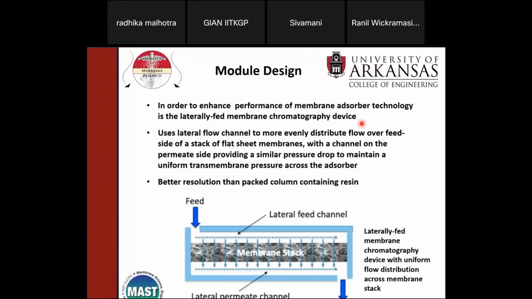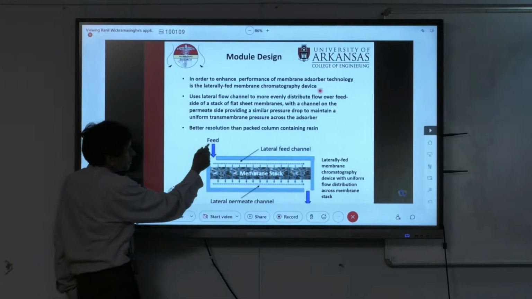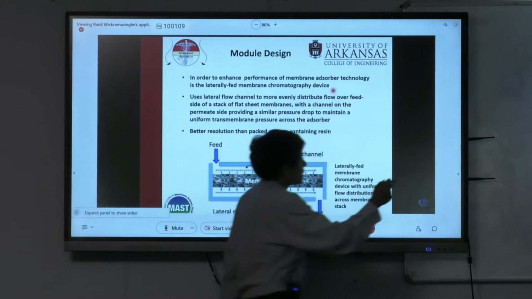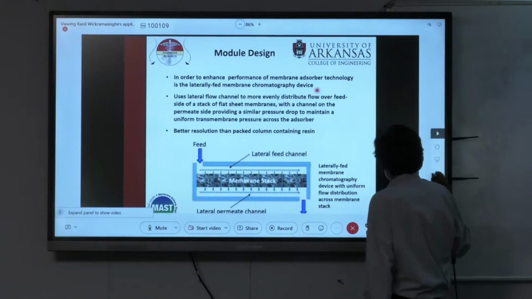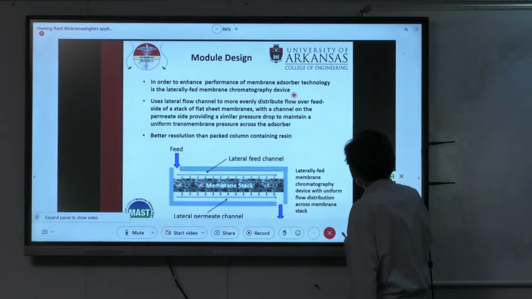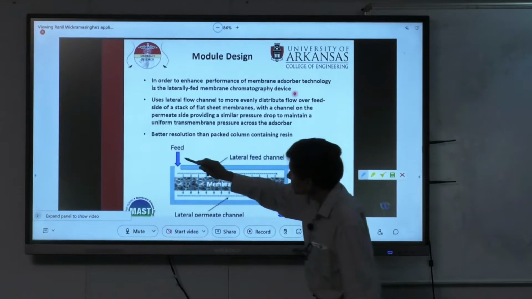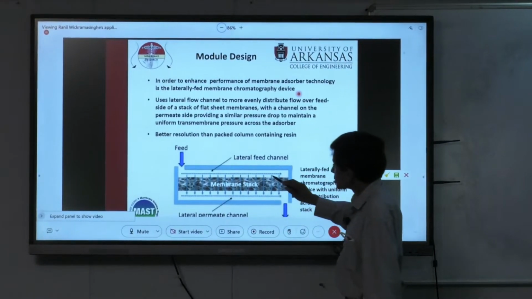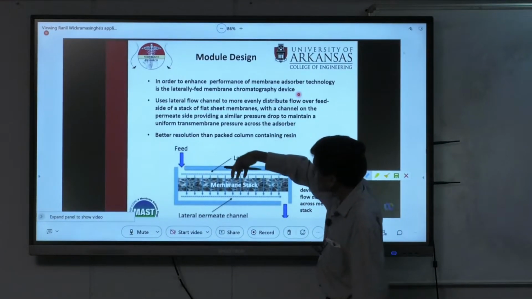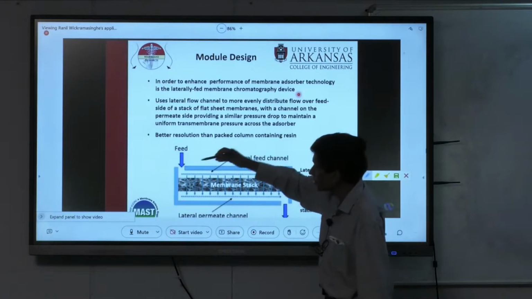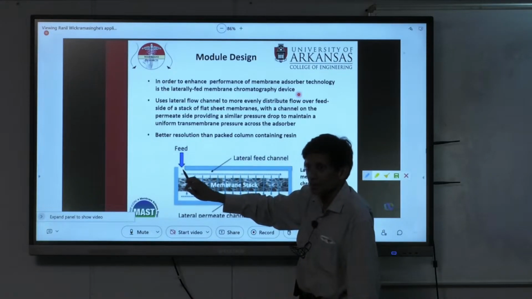And so this is an idea that someone in Canada developed called laterally fed chromatography. It's a very clever idea. So see, the feed is coming in from here. This is the membrane. So instead of having the feed coming from the center like this, straight into the membrane, they're going to feed it from the corner, okay?